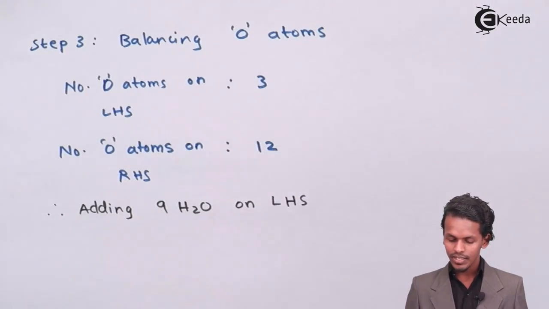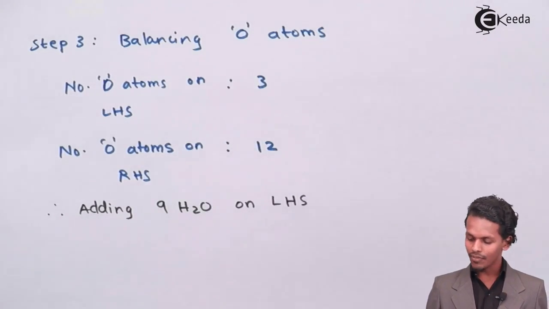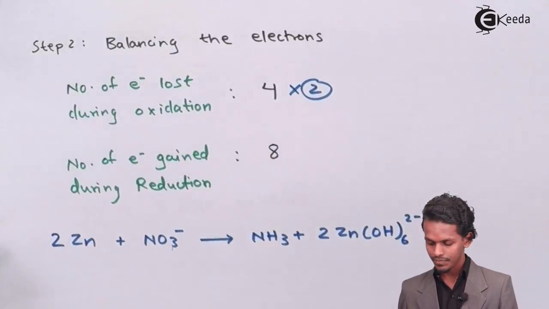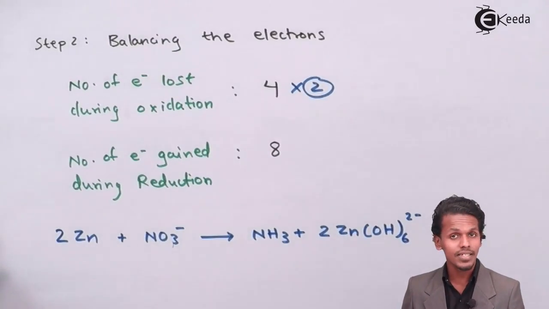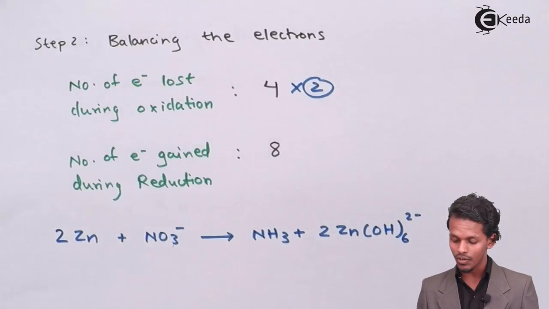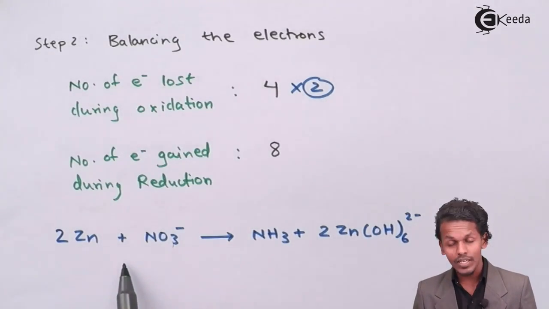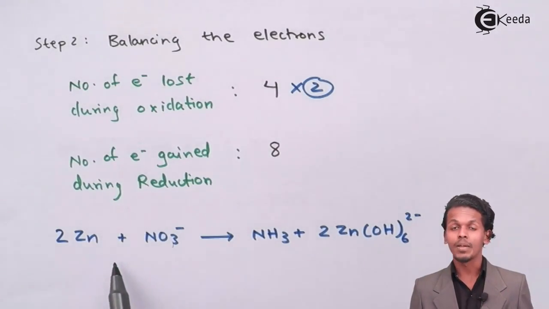So the balanced reaction that I got earlier will be the same as it is, with one difference: here there will be 9 times H2O.